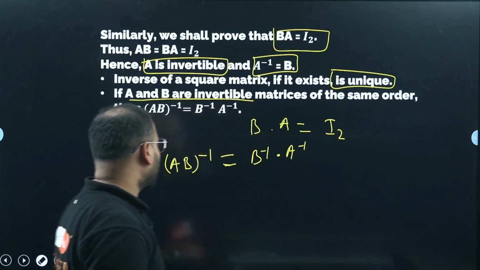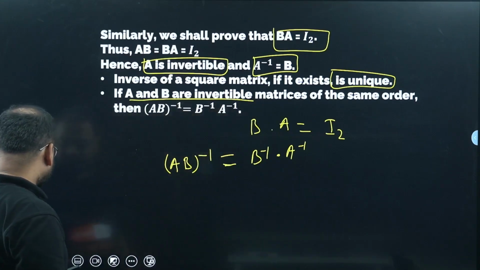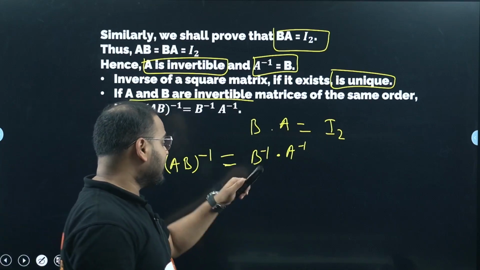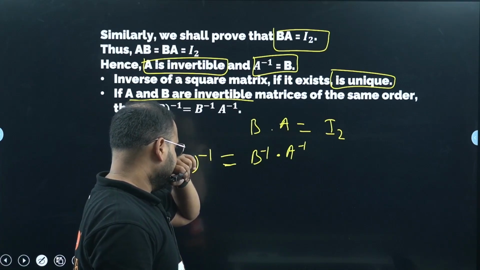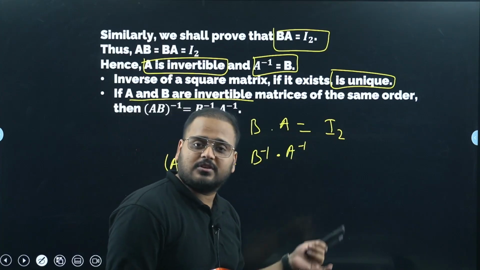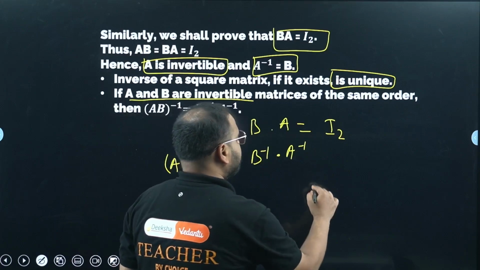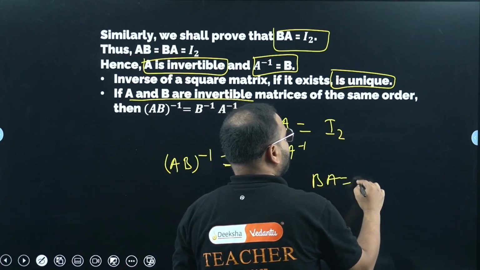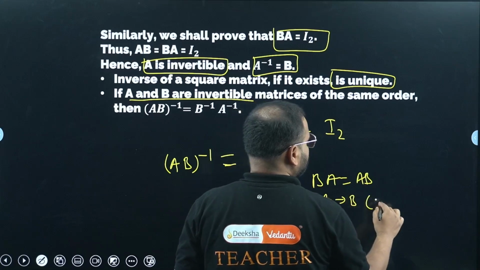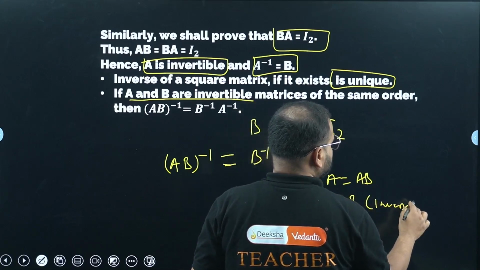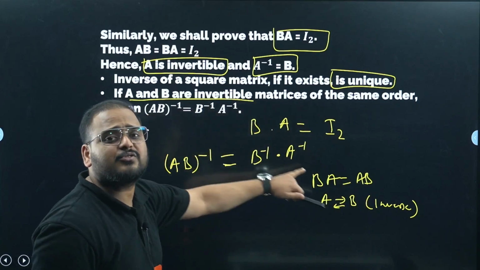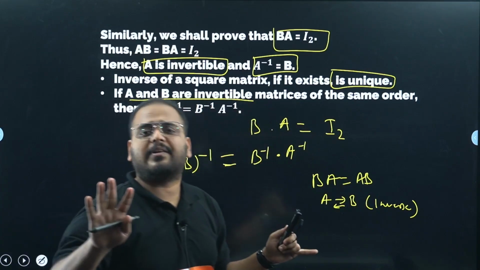I hope you understand. Then you will say, sir, you just said AB equals BA. It was true when, please forgive me, B and A were inverses of each other. So BA was equal to AB when A and B were inverses of each other. But in this case they are not saying they are inverses of each other. They are saying they are two invertible matrices.